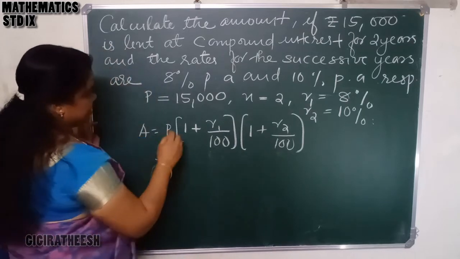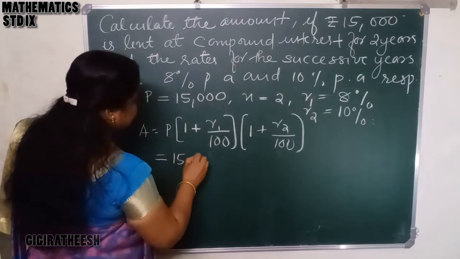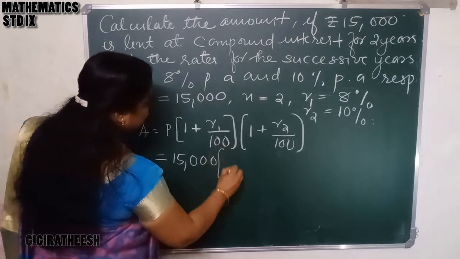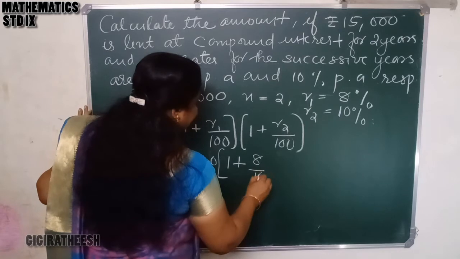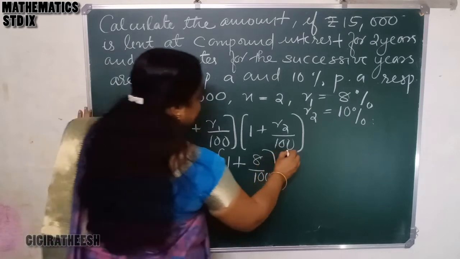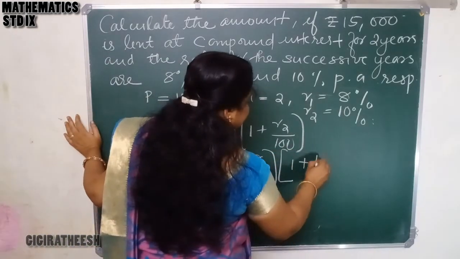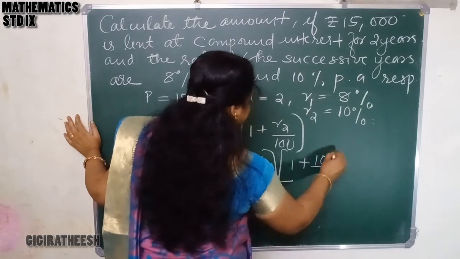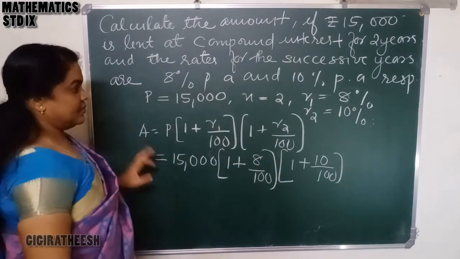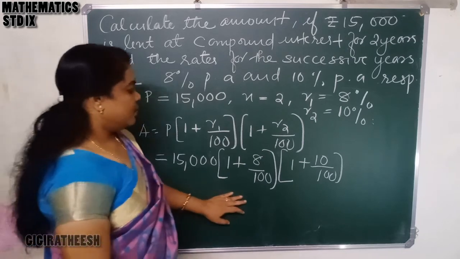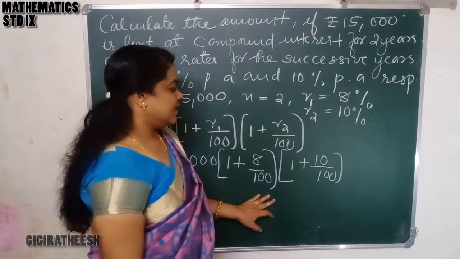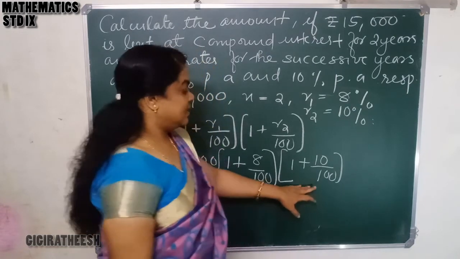Substituting the values, P is equal to 15,000 into 1 plus 8 by 100 into 1 plus 10 by 100.